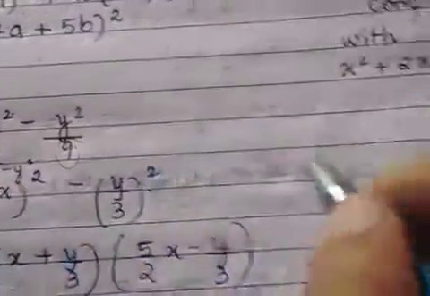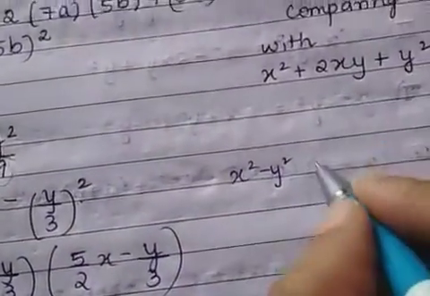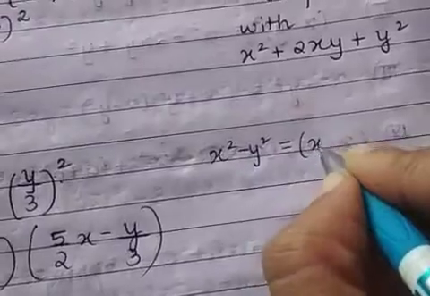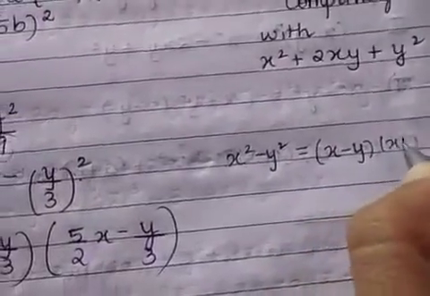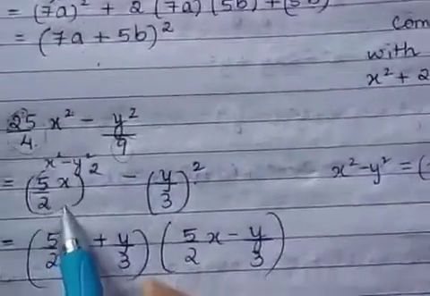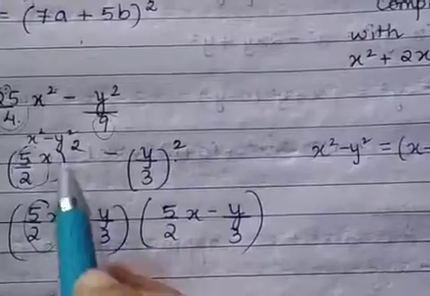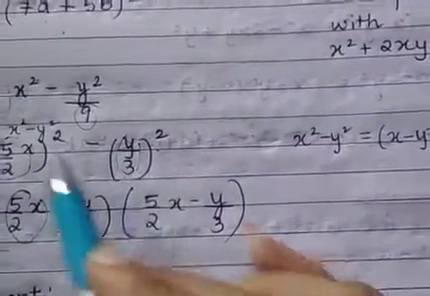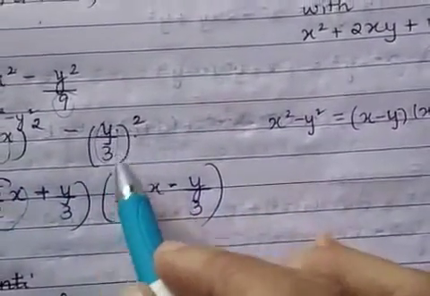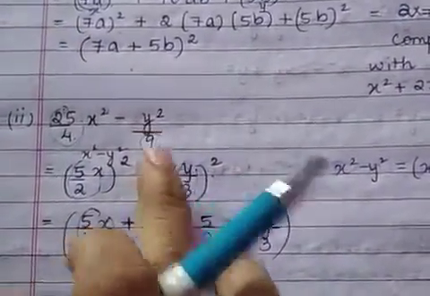Now this is of the form x² − y², and the identity involving this is (x − y)(x + y). So in place of x you have 5/2 x, and you write (x + y)(x − y). This is the way you have to solve this.